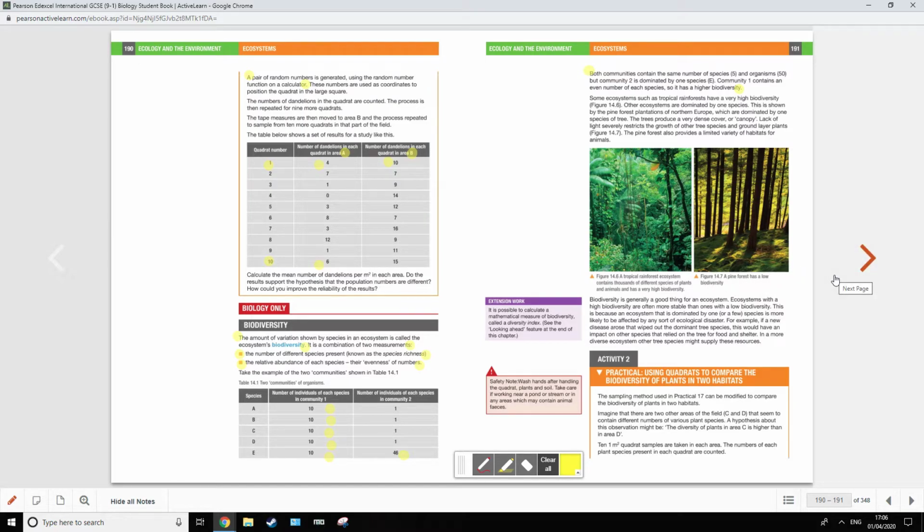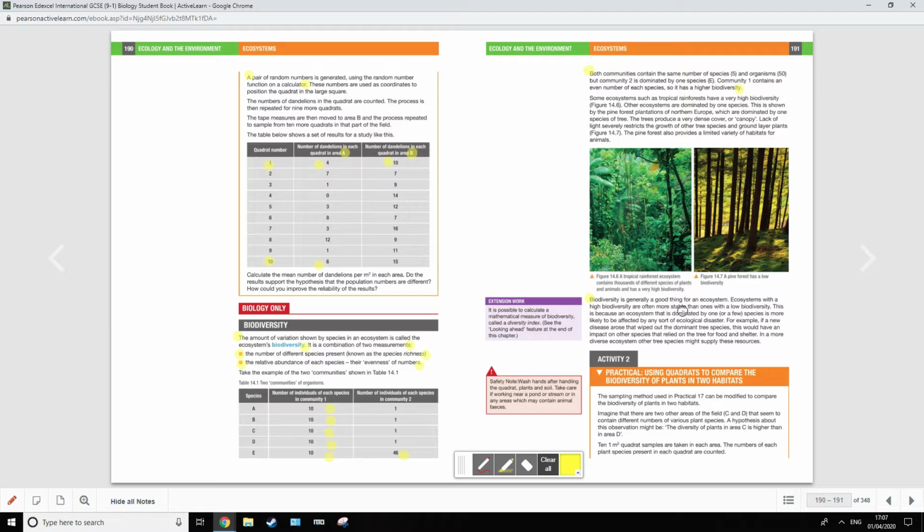So if you have a low biodiversity, your ecosystem is affected more when there's a change, which means all the organisms will die. But if you have high biodiversity, evolution is easier to take place. Anyway, reading about it here as well, biodiversity is generally a good thing for an ecosystem.